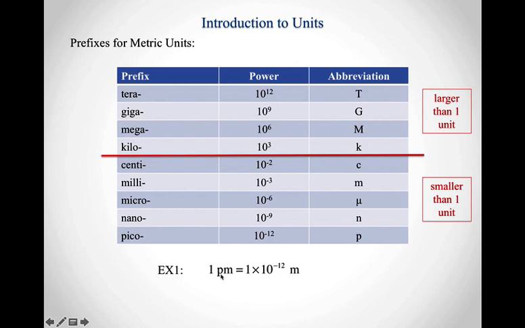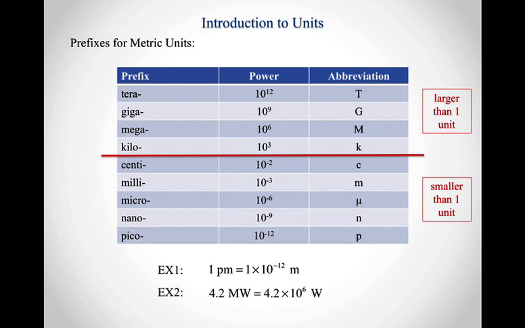What I'm doing is converting the p for pico into times 10 to the minus 12. The letter just gets replaced by times, for scientific notation, and then whatever power in my table corresponds to p. So 1 picometer happens to be 1 times 10 to the minus 12 meters.